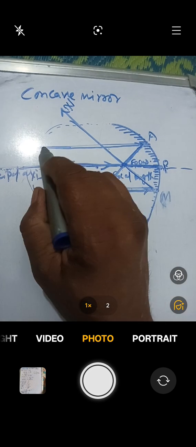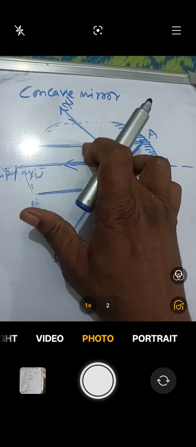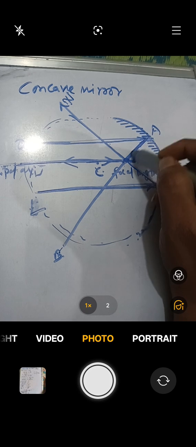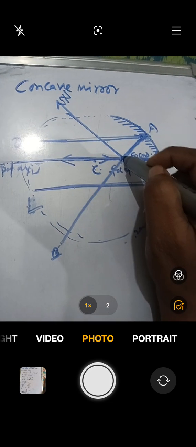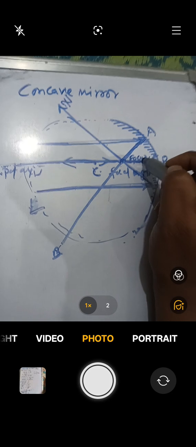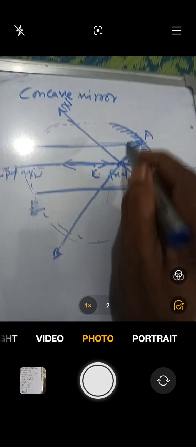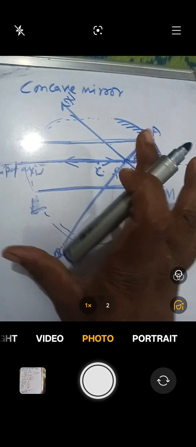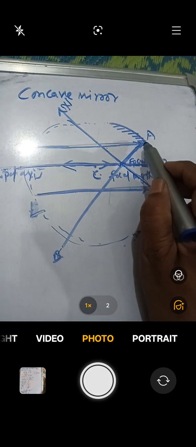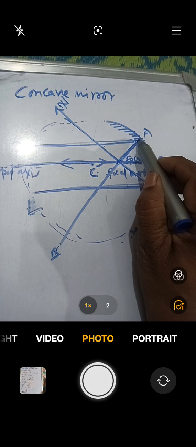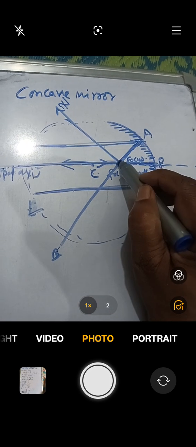The rays which were earlier diverged, after reflection converge, meaning they pass through the same common point called focus. So we can say the concave mirror is also a converging mirror, because after reflection different parallel incident rays converge to pass through a common point called focus.